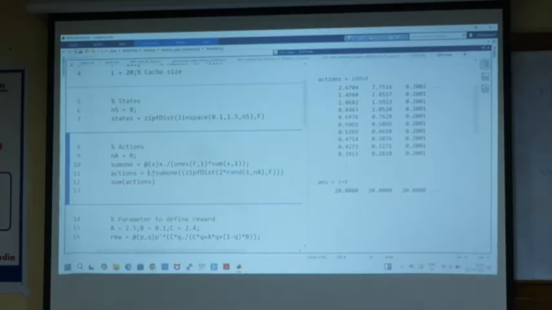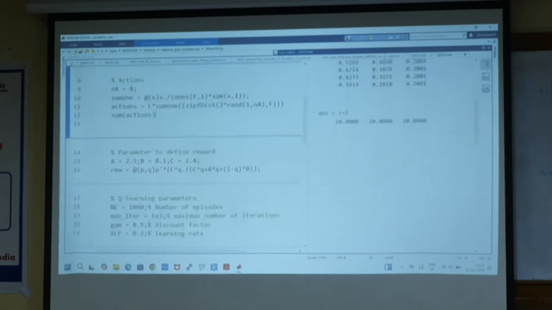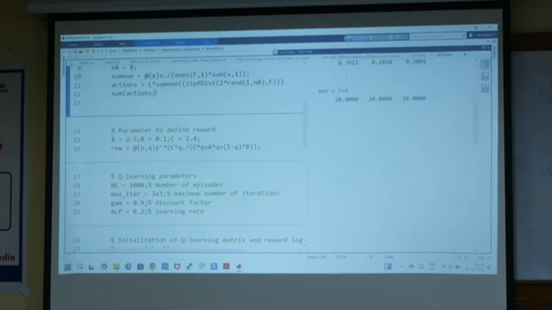So I have multiplied by L here, so this vector of actions will sum up to L, which is 20 here. We can check also. I have written some actions here and it has come out to be 20. So these A, B, C are the parameters to define the reward. I have chosen some values here and I have defined the reward like this, in terms of P and Q.